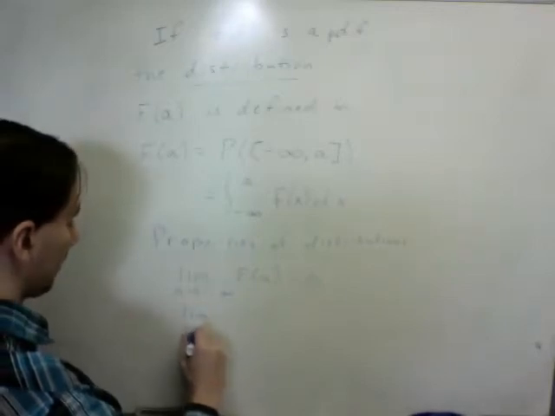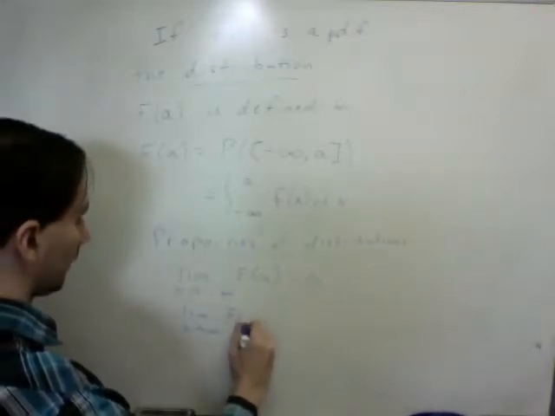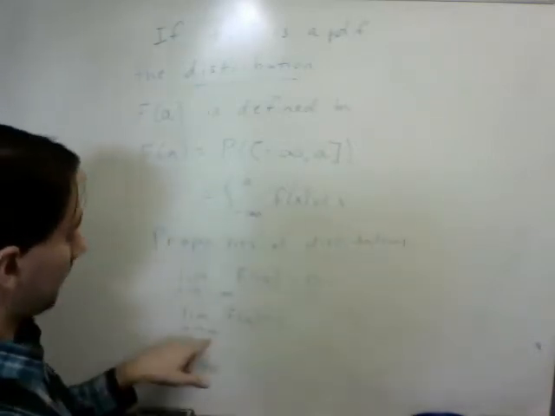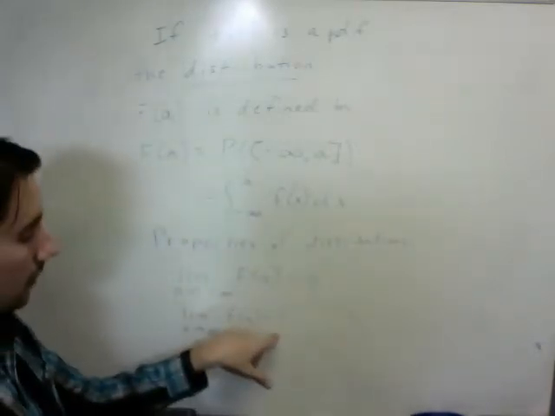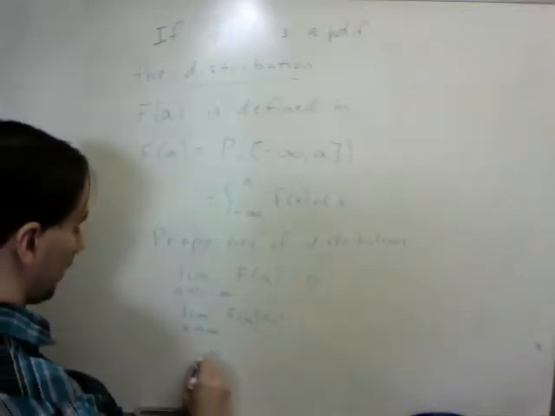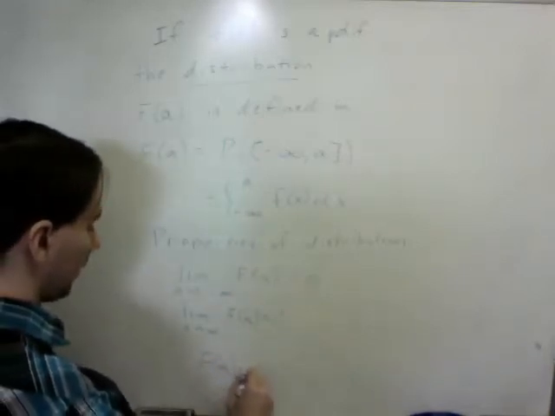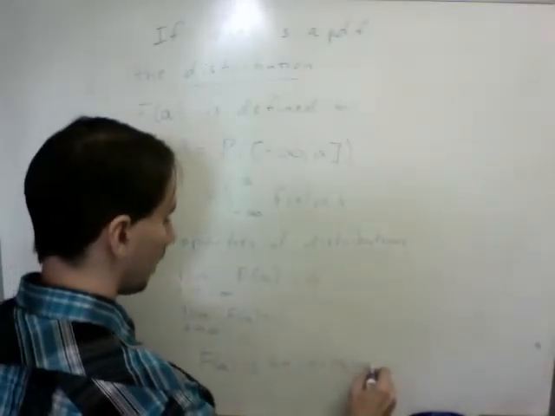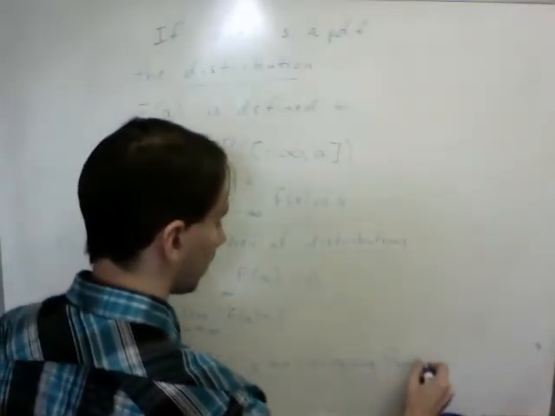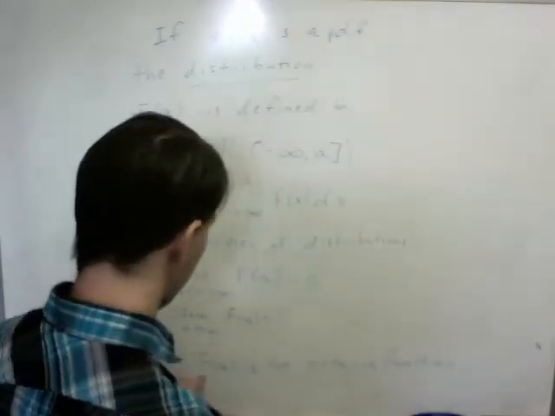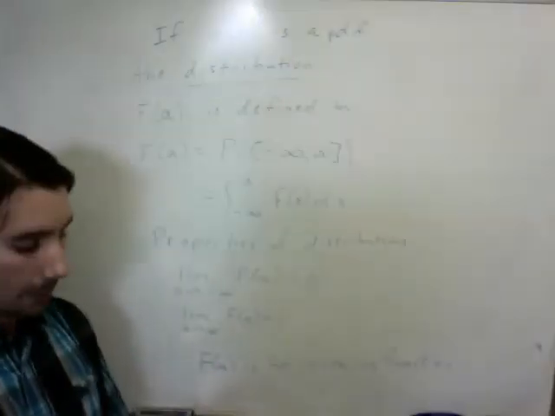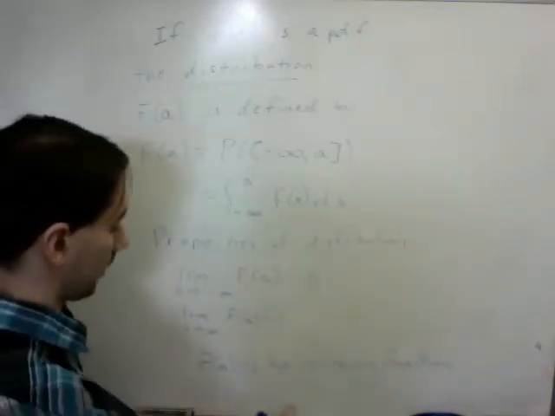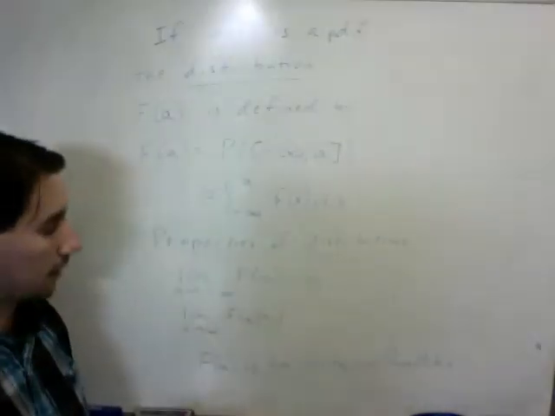The limit as a goes to positive infinity of F of a equals 1, because eventually, if we start counting the area of the entire real line, we're going to count all the area that there is, which is 1. And F of a is an increasing function. Whenever a gets larger, F of a can only get larger, because we're just counting a larger area, and so the weight is only going to get bigger if we include larger areas.